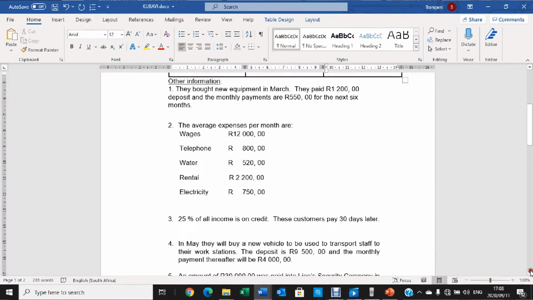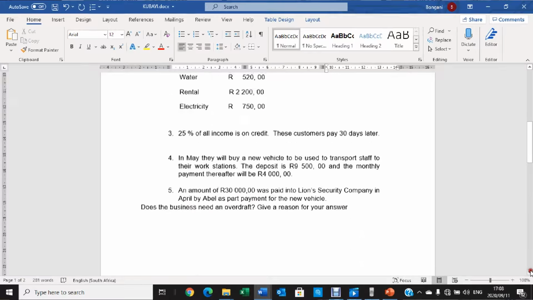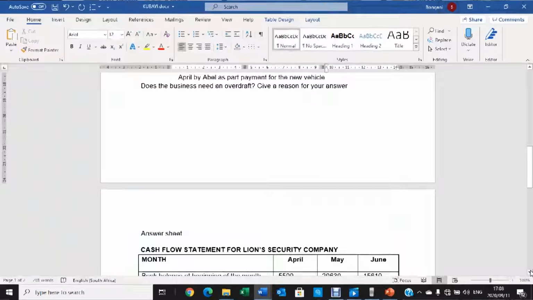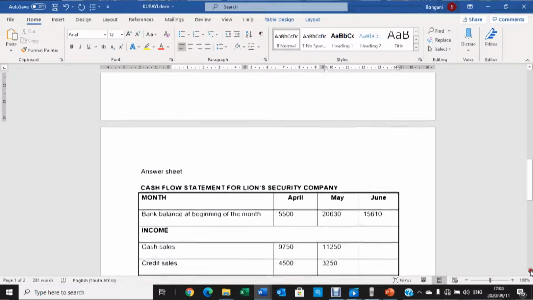And then we record that 12,375. I think now you can realize how to prepare the cash flow statement. It is just because of time we're going to finish this one, but it is not difficult. Don't be afraid when you come across a question which requires you to prepare a cash flow statement.